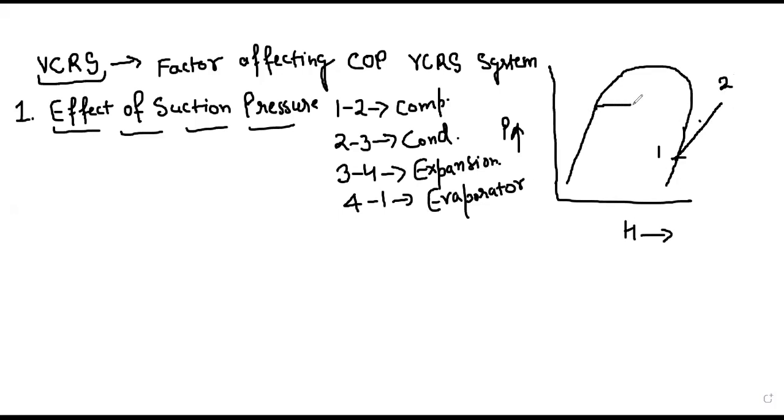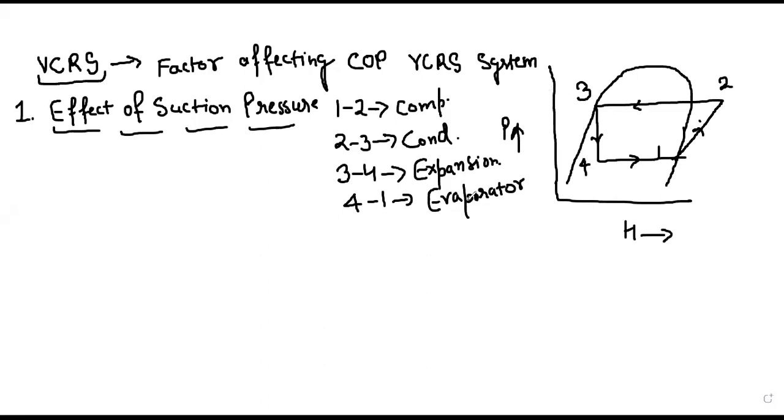During that process, the pressure remains constant inside the curve as well as outside also. This is 2 to 3. Here, 3 to 4 is isenthalpic expansion. So enthalpy remains constant. So 3 to 4 is going to be a vertical line. And this is 4 to 1, the last process. Is it clear to all of you? Any doubt?